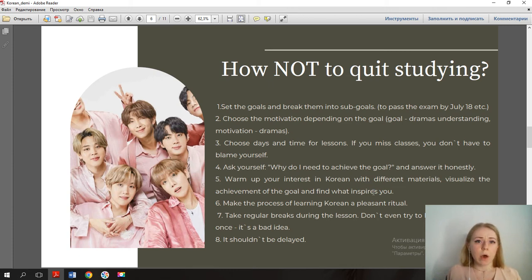You can even download lots of pictures of Korean houses from Pinterest, for example, and put them on your wall. This will make a nice atmosphere, and you will love Korea and Korean more. And this will help you to learn Korean. You will understand why you are studying. It will help you, again, not physically, but more psychologically.